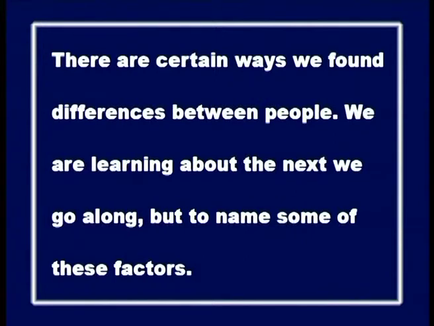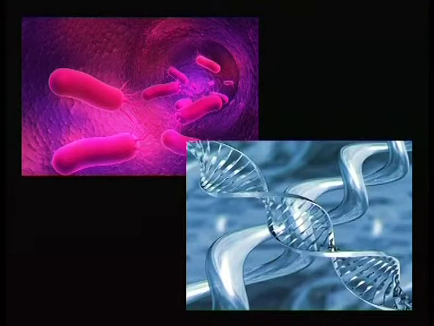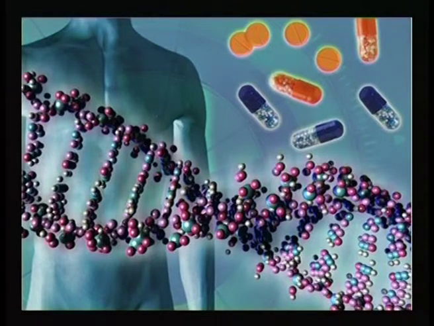But to name some of these factors, for example, race is one, genetics is another, the environment, religion, economy, technology and development, or others. Race and genetics are natural or biology.